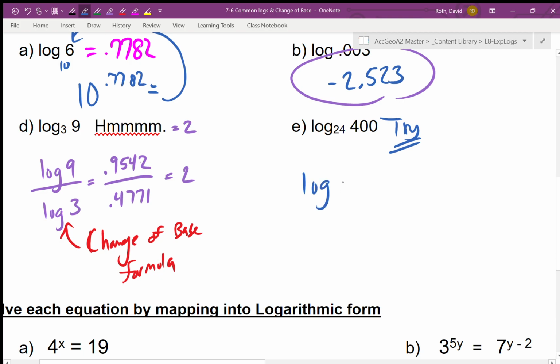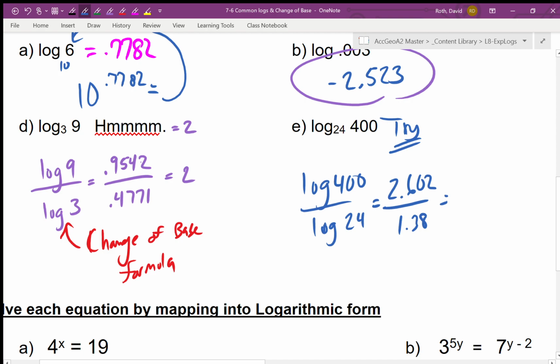You should have gotten log of 400 over log of 24. Let me rewrite that. I didn't write those sub ones down. Log of 400 is 2.602, and log of 24 is 1.38.